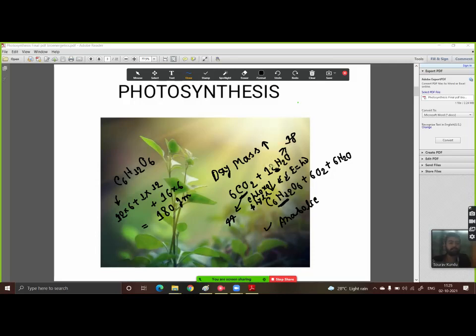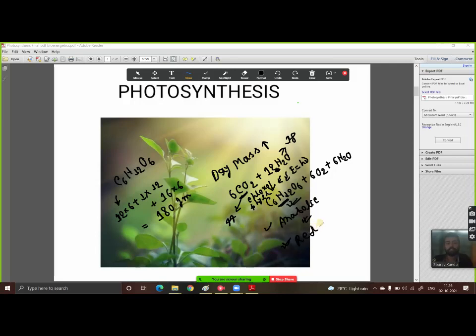The plant collects these from outside, but the glucose is formed inside the cells and is stored inside the plant body or used for its own food. That's why this is known as an anabolic process, because it increases the dry weight.